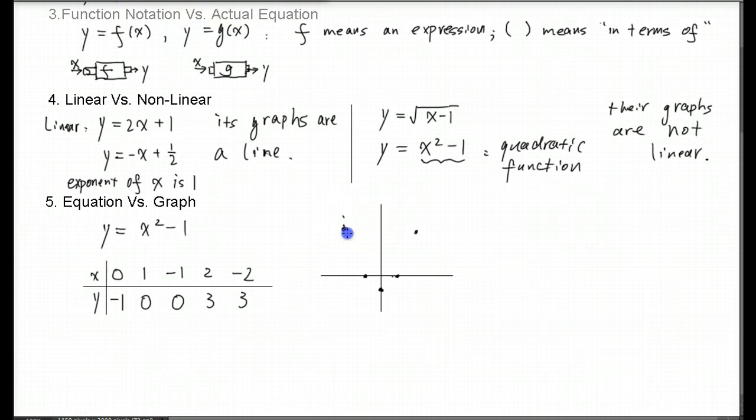If you connect them, remember you always connect them with a smooth curve. That's called a parabola. Normally, any quadratic equation looks more or less like this. Sometimes the opening goes down, sometimes up, but in general the shape looks like this. Okay, I think we are ready to start the new lesson.